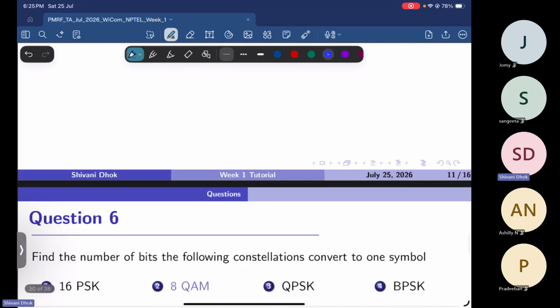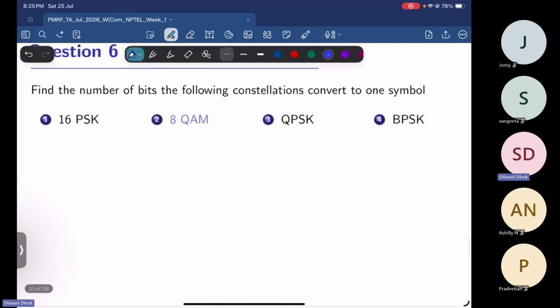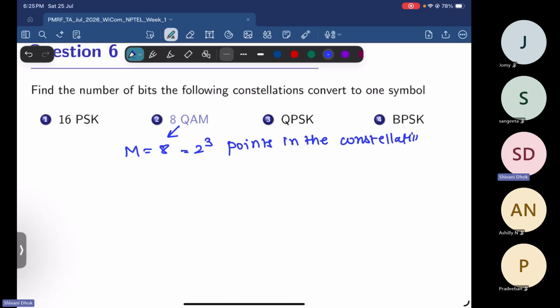Similarly, 8 QAM corresponds to M equal to 8, that is 2 to the power 3 points in the constellation. So the number of bits k is log of 2 to the power 3 to the base 2. Again, keep in mind the base of the logarithm here is 2, not 10, not natural log. Be very careful in this business. So this is 3 bits. Whenever you are playing with bits, it will always be log to the base 2.